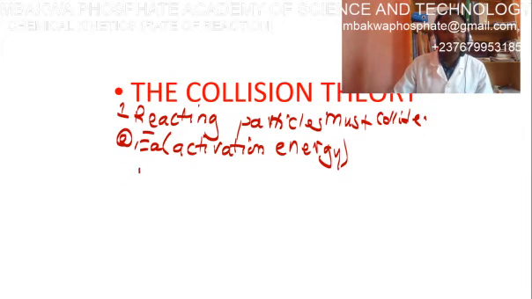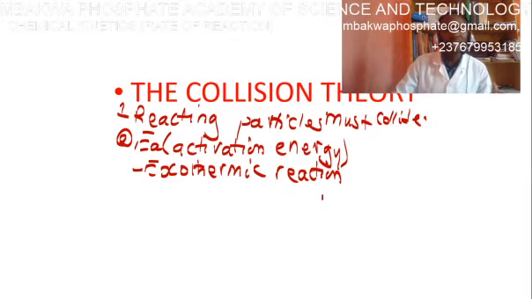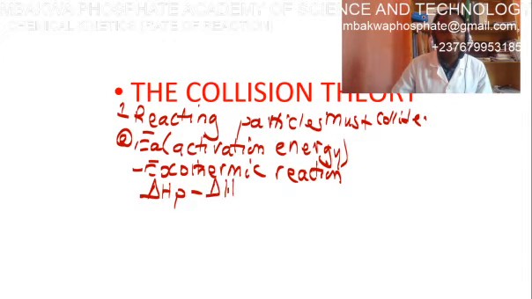That's why we talk about reactions that are feasible, and we say they are exothermic reactions. In an exothermic reaction, the enthalpy change, delta H of the product minus delta H of the reactant, which gives us delta H of the reaction, is negative.